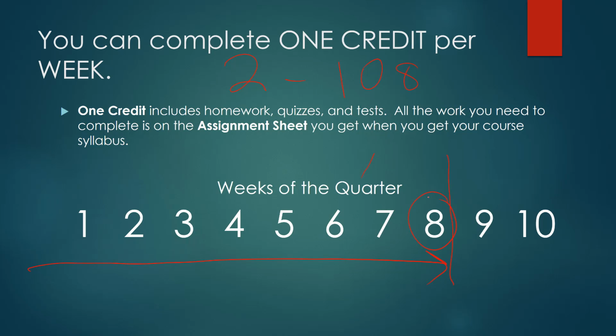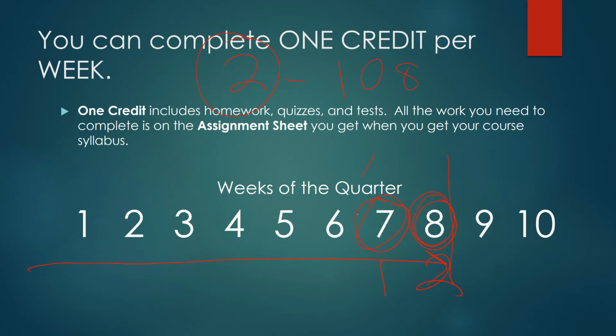So if you're taking 2 credits, you need to start your first credit no later than week 7, because you can do credit 1 in week 7 and credit 2 in week 8. Week 7 is the latest you can get started and still complete both credits.